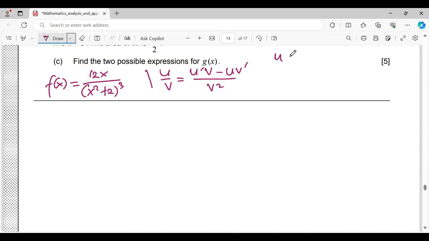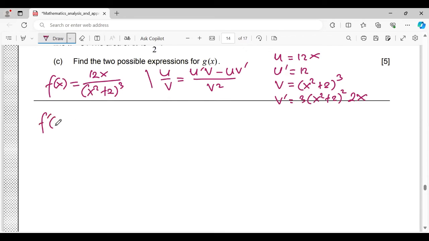If u equals 12x, the derivative of u is 12. If phi is (x squared plus 2) cubed, the derivative of phi is 3 times (x squared plus 2) squared times 2x, because this is the derivative of x squared.